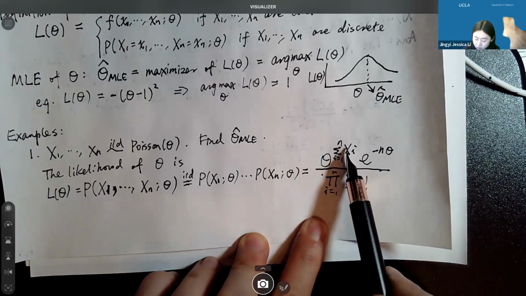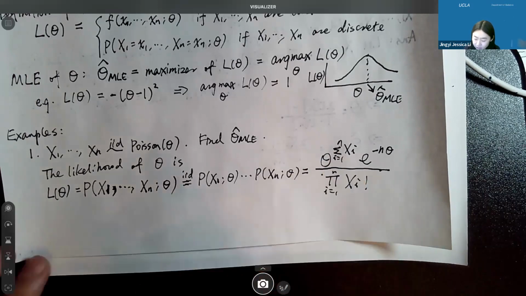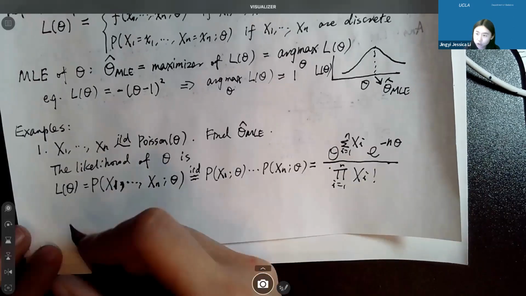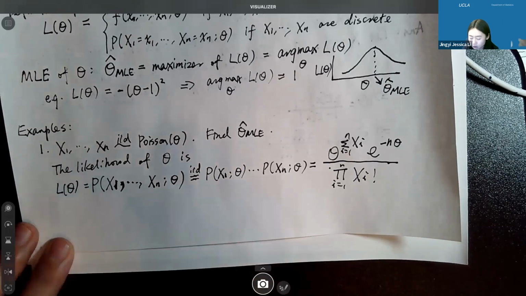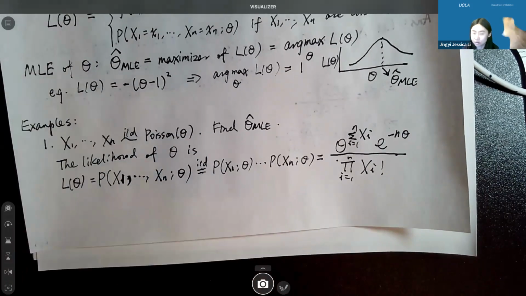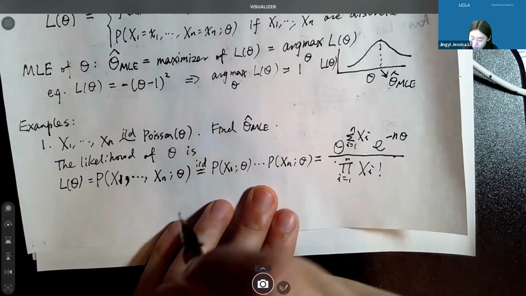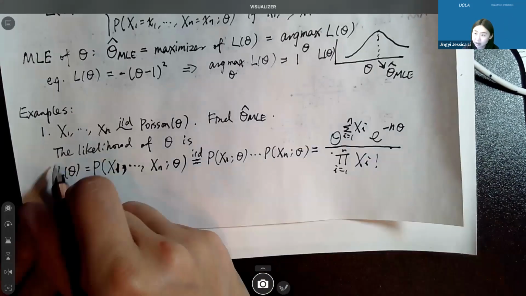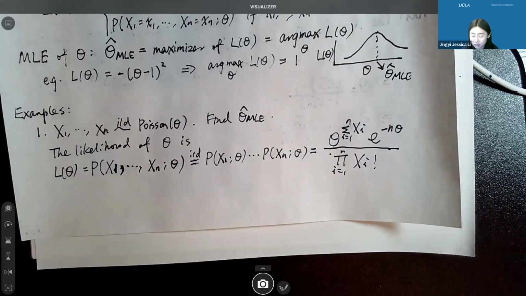This is a key thing: the log transformation is monotone increasing, so if we take the log of the likelihood, its maximizer is the same as the maximizer of the likelihood.